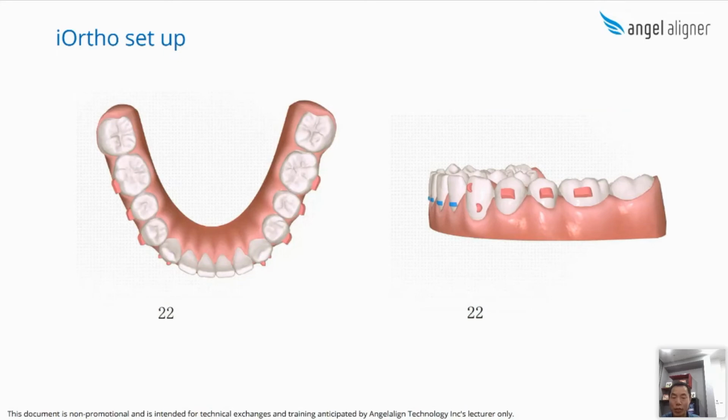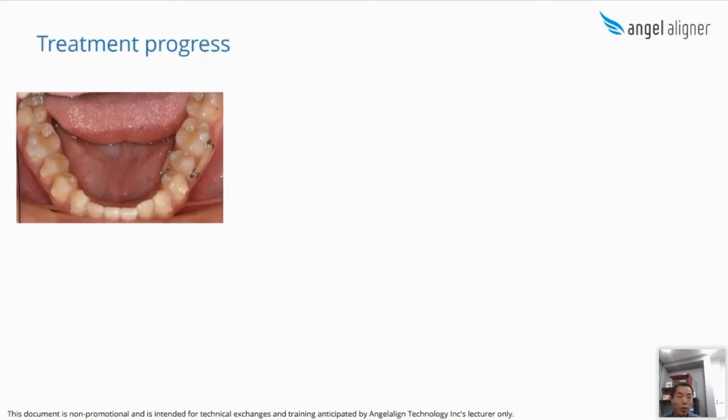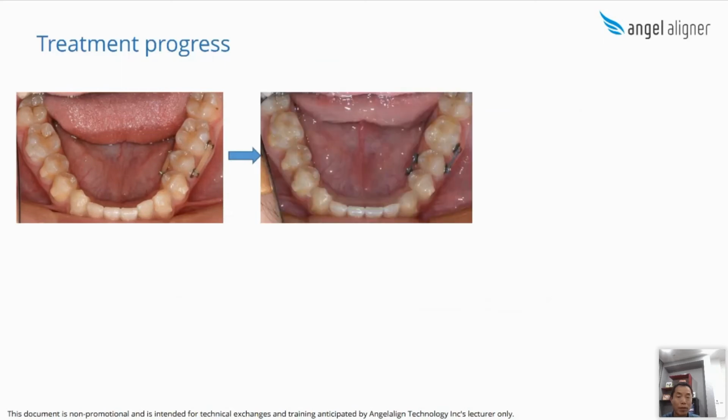When the rotation is finished, attachments are placed on the tooth that has been rotated for retention. The rotation of the tooth was accomplished by the elastic. So in this case, we have a couple force, buccal and lingual. Buccal and lingual, you can use power chain or rubber band.